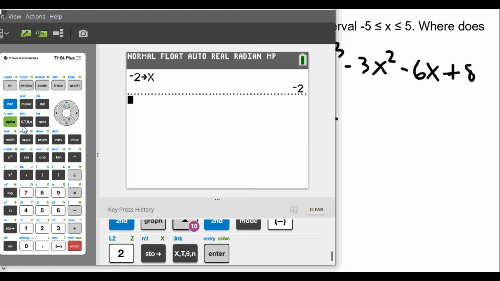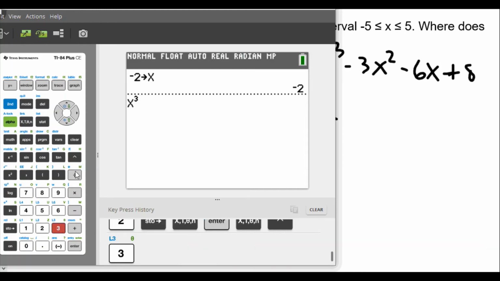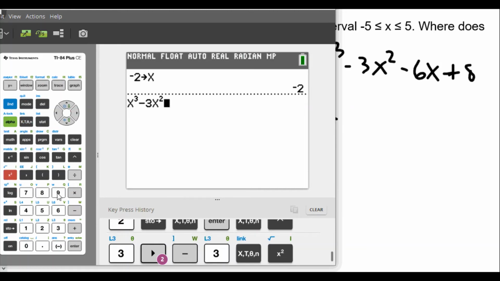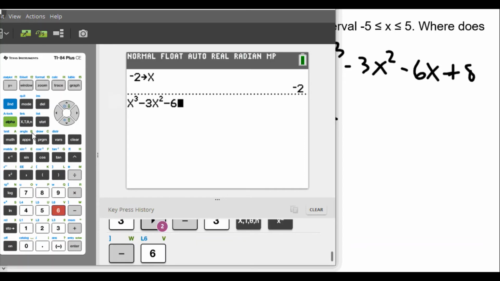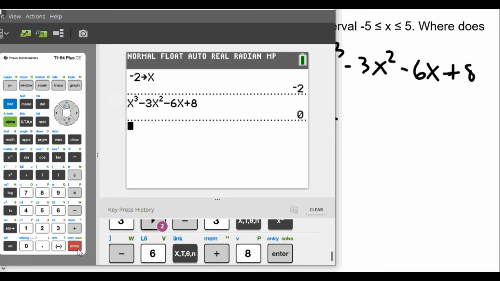Okay, and so now we'll type in again x raised to the third, minus 3x squared, minus 6x, plus 8. Okay, and then we hit enter, and we get a 0.